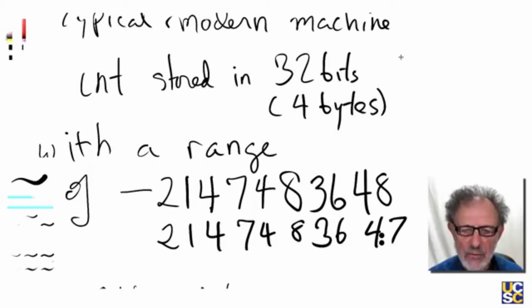It's not symmetric because of the fancy way people represent integers on the machine. It's called a 2's complement representation. Typically, the first bit is in fact the bit that affects how you interpret the sign.